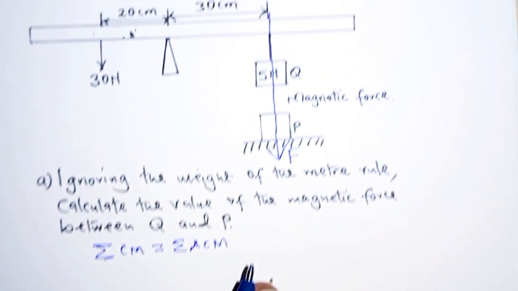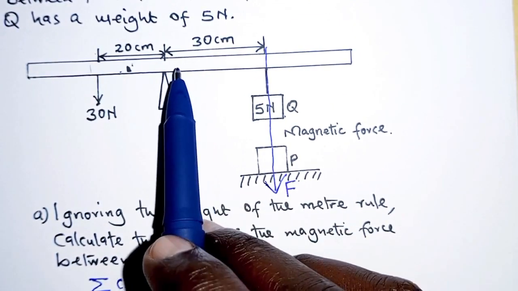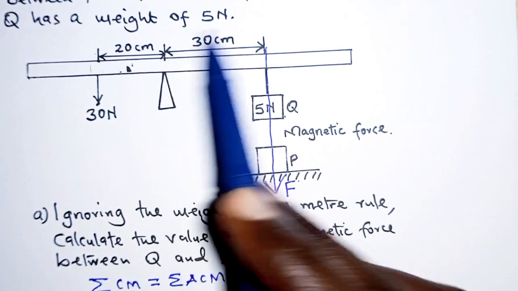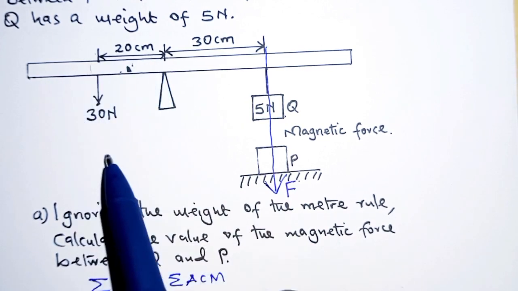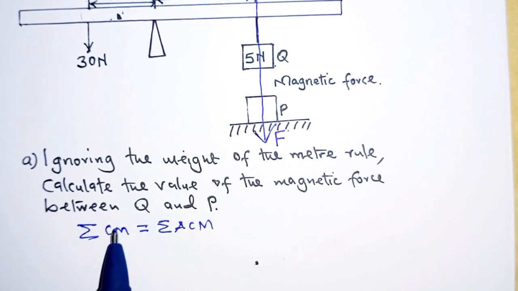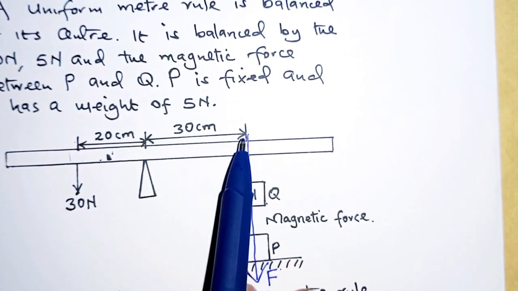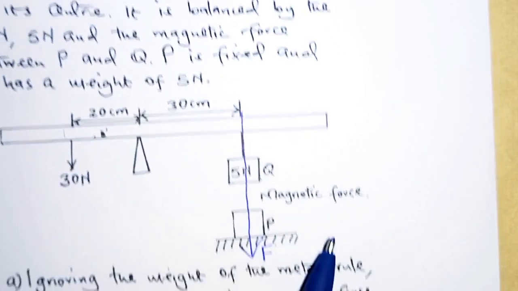So here we want to identify the force that will cause clockwise moments. So we have force F causing clockwise turn or moment, and force 30 would cause anti-clockwise turn. So for clockwise moments, we'll use force F times the perpendicular distance up to the pivot, that is 30 centimeters.